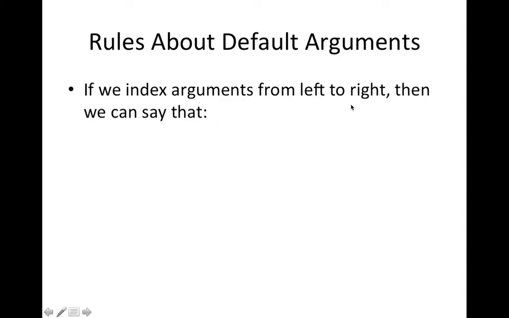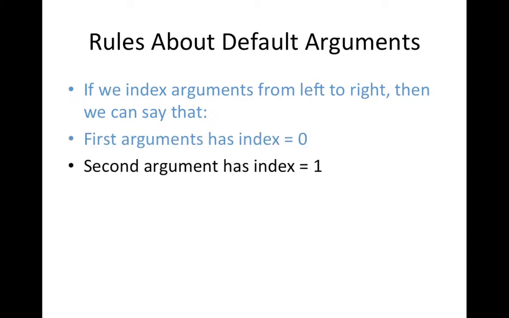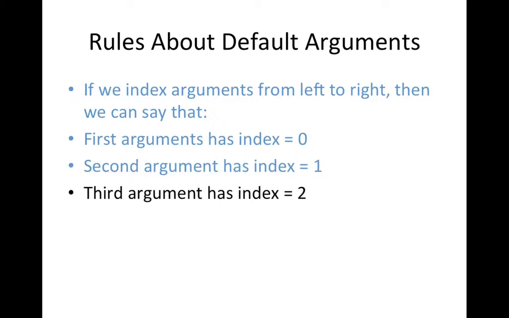Just remember this rule in computer science: our index will always start with 0, not with 1. Counting starts with 1, but indexing starts with 0. So understand the difference between counting and indexing. First argument has index 0. Second argument has index 1. Third argument has index 2. And so on.